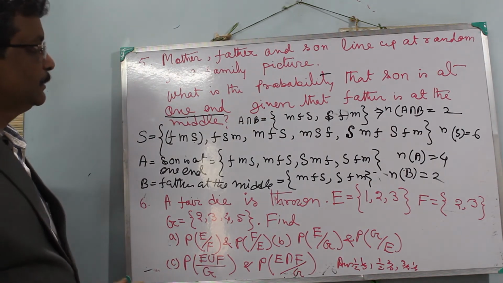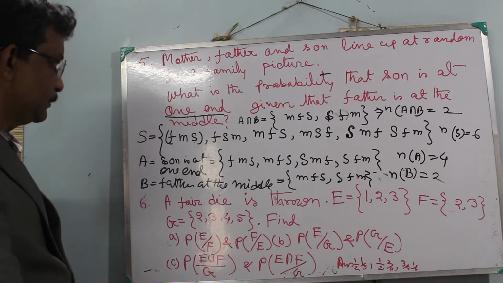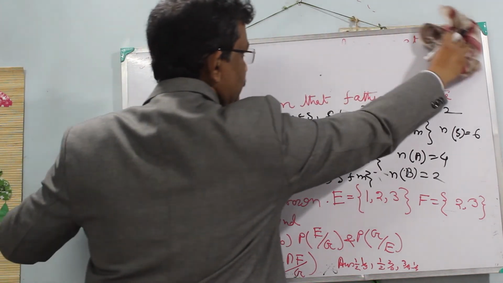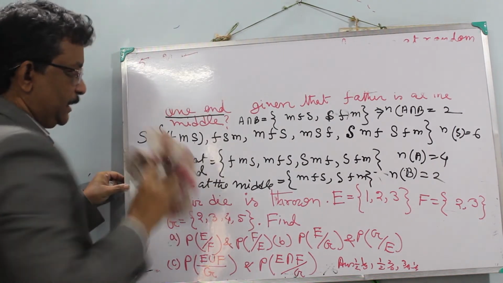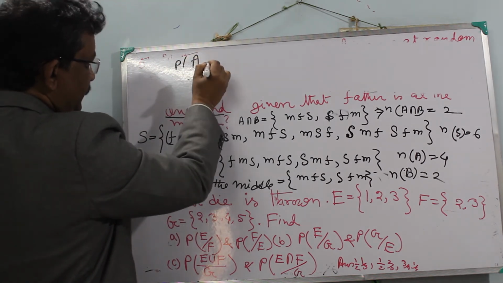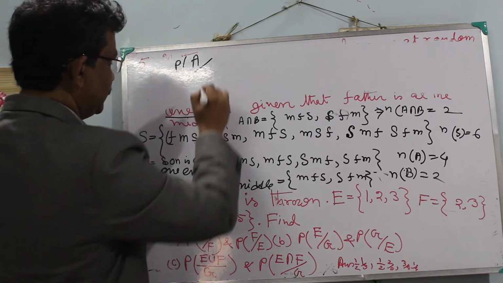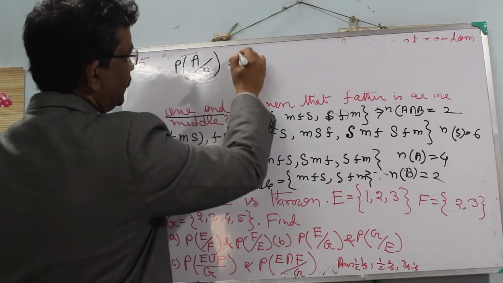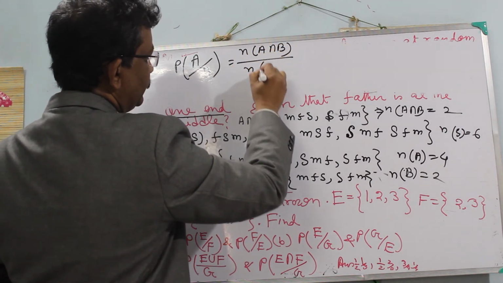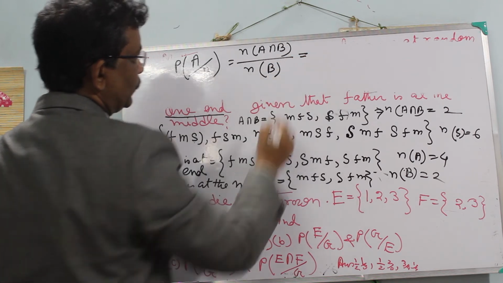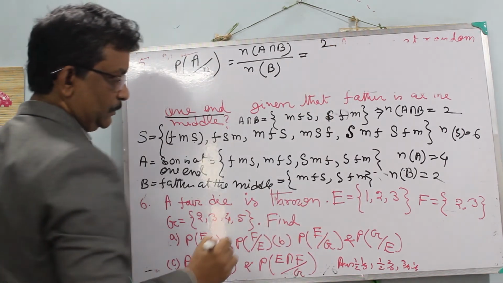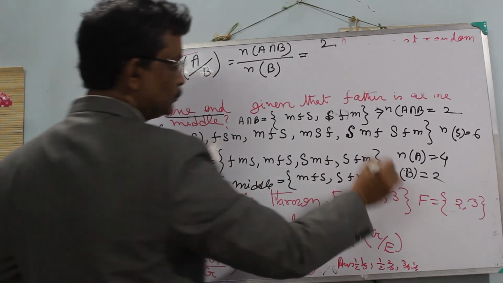And now what is required? It is required to calculate the probability that son is at one end. So what is the probability of A given that father is at the middle, given B? We can calculate n(A intersection B) by n(B). n(A intersection B) is 2, and n(B) is also 2.